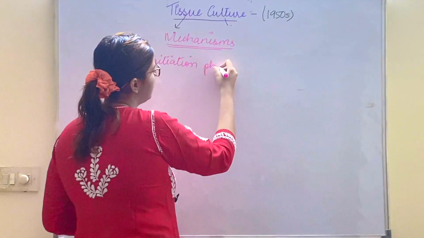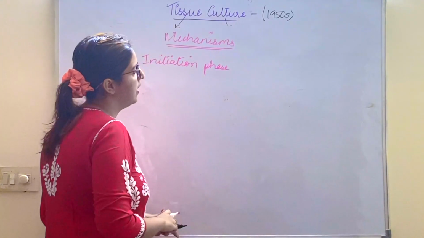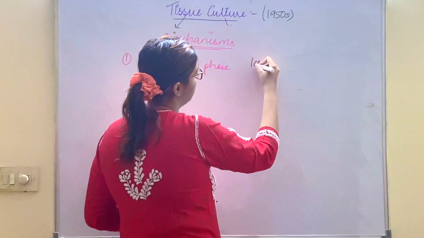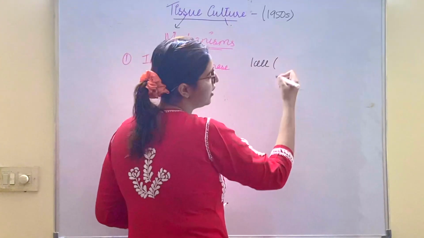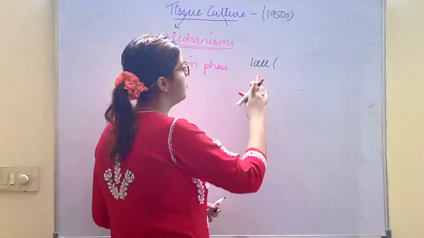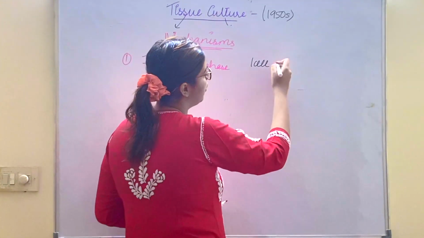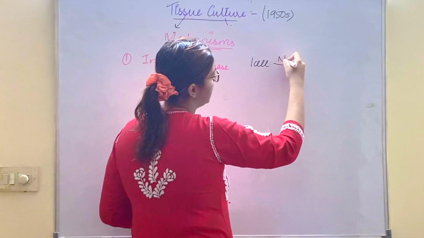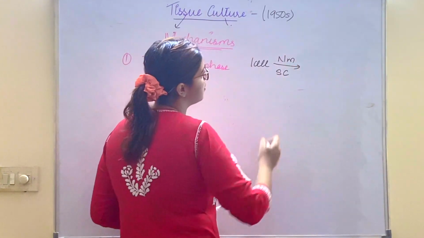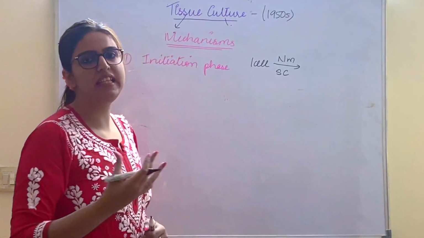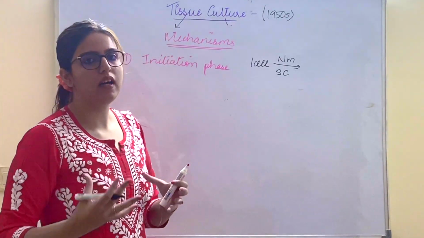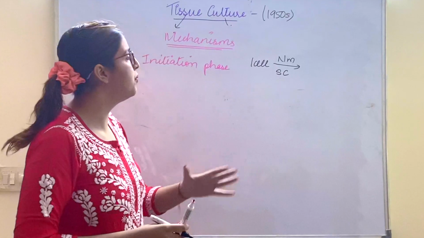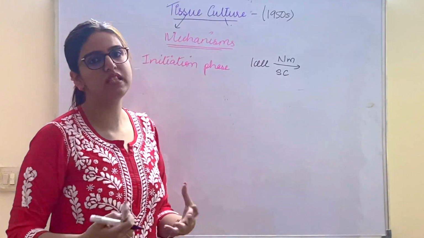What is going to happen in the initiation phase? I'm going to take one cell, from any part of the whole plant, add it in a nutrient media, and give it sterile conditions. This is called initiation. I'm giving conditions that are appropriate for this one cell to start dividing.